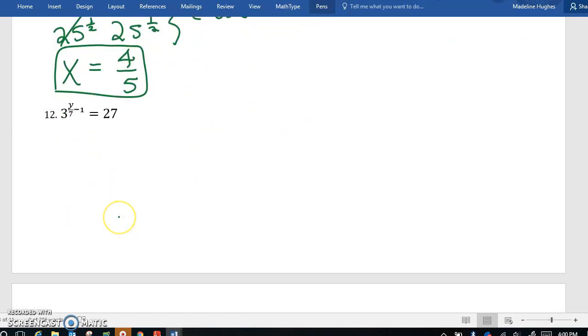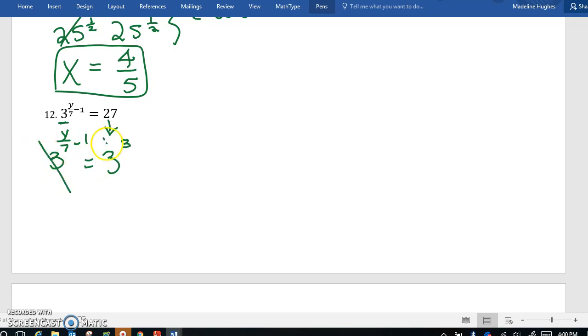Lastly, I'm going to go through this quickly because I only have a little bit of time left. I look on my powers cheat sheet, and I realize that 27 can be written as 3 to the 3rd power. Since this is already a base of 3, I'm going to keep it the same. So just copy it: 3 to the y over 7 minus 1 equals 3 to the 3rd.